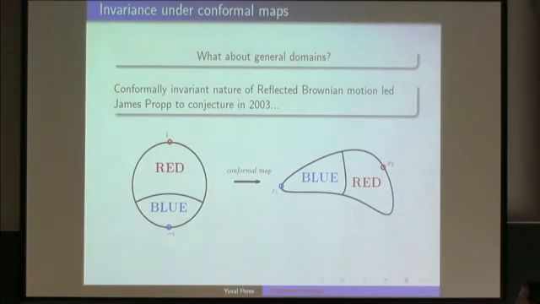Okay, now what happens in general domains? And the point is that there is some conformal invariance here. So you have a blue source, a red source. You fix proportions, then you'll get an interface which is a conformal image of this circular arc.